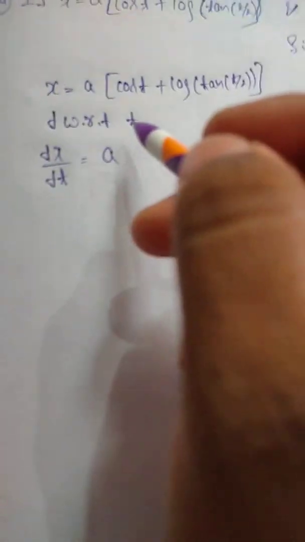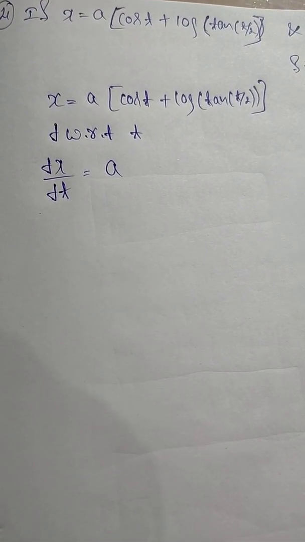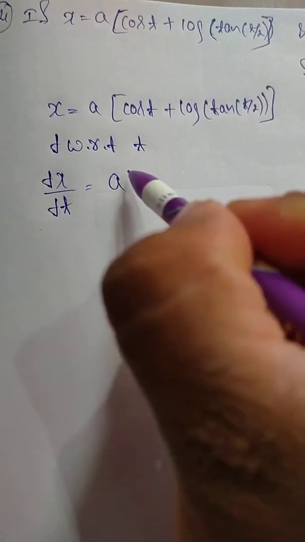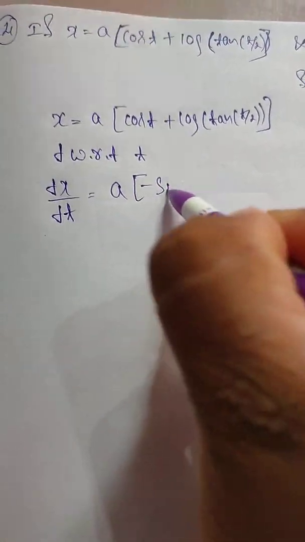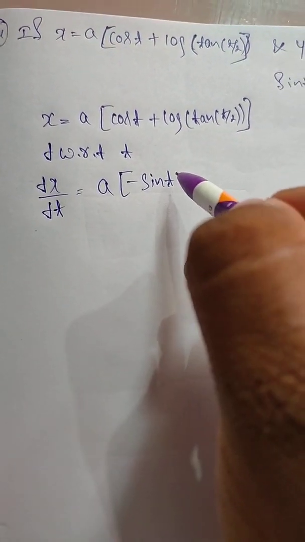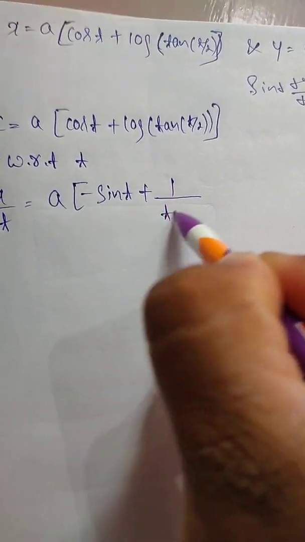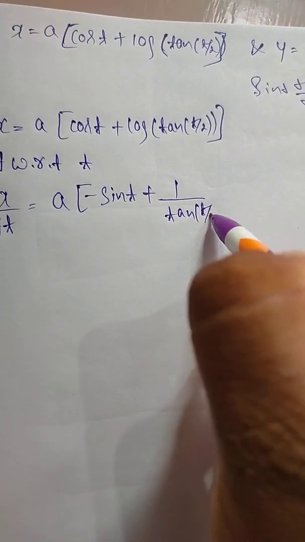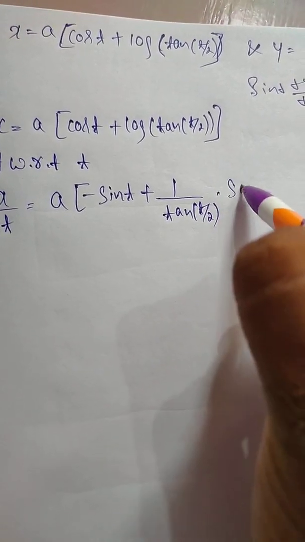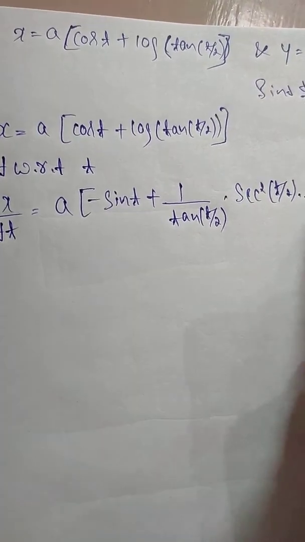Now we are differentiating with respect to t. What is the differentiation of cos t? The differentiation of cos t is minus sin t. You want to differentiate the log tan t by 2. The differentiation of log tan t by 2 is 1 by tan t by 2. Again differentiation of tan t by 2 is secant square t by 2. Again differentiation of t by 2 is 1 by 2.